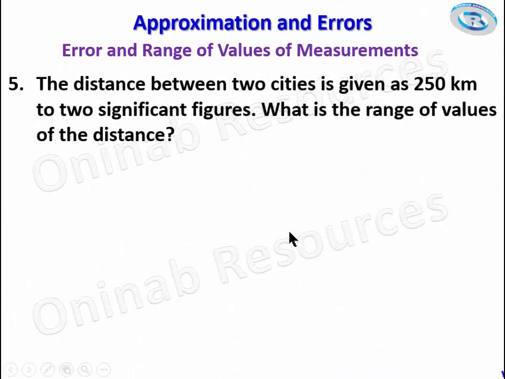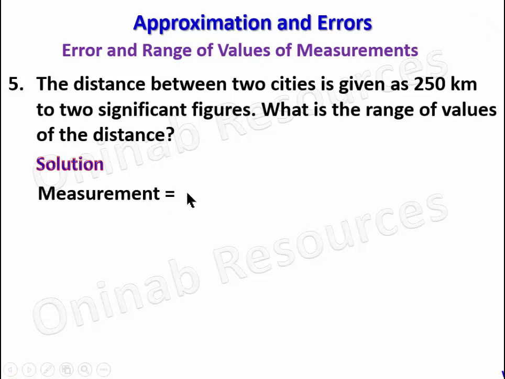For problem 5, the distance between two cities is given as 250 kilometers to two significant figures. What is the range of values of the distance? So in our solution, our measurement here is going to be the approximated distance, which is 250 kilometers.